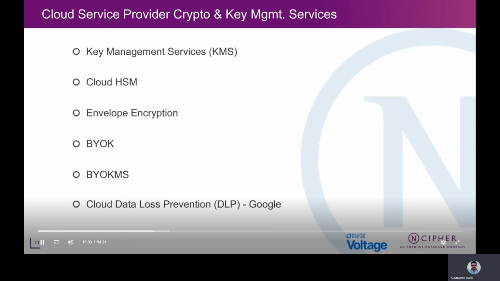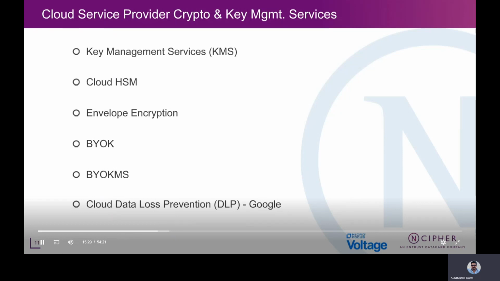Obviously, these were not developed from the ground up, it's kind of a bolted-on capability. So there are obviously some challenges in terms of maturity and also ubiquity. We will talk a little bit about those.